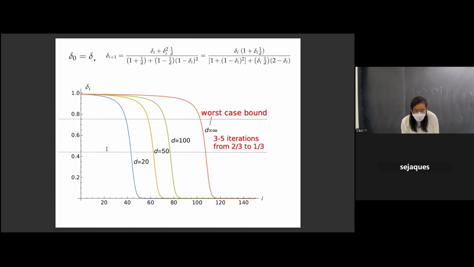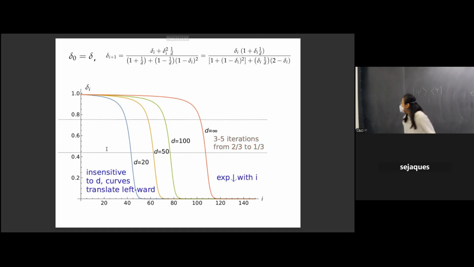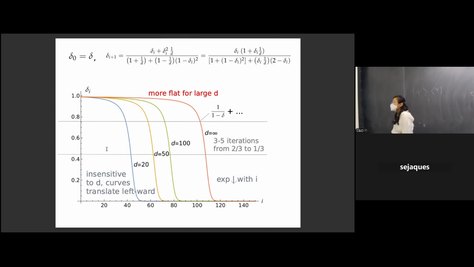The worst case scenario is that it takes about 3 to 5 iterations from 2/3 noise to 1/3 noise. Then below half, but if you want to be very safe, completely below 1/3, the noise is exponentially decreasing, as advertised earlier.